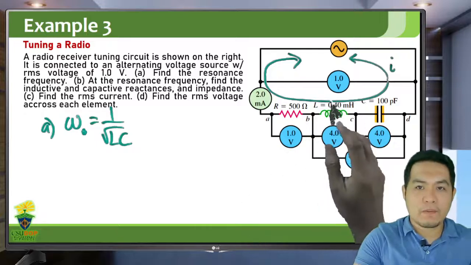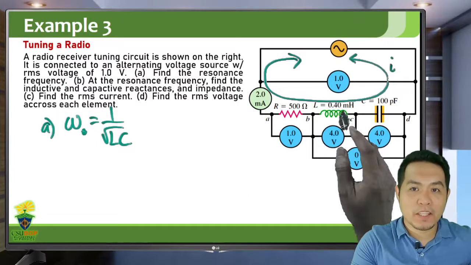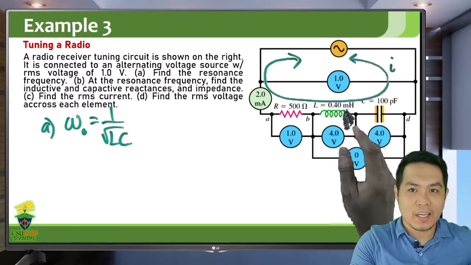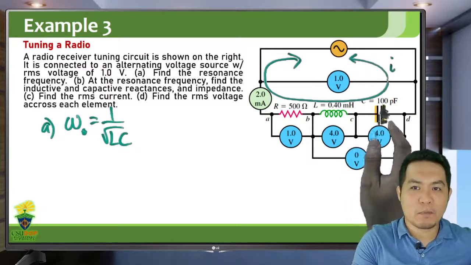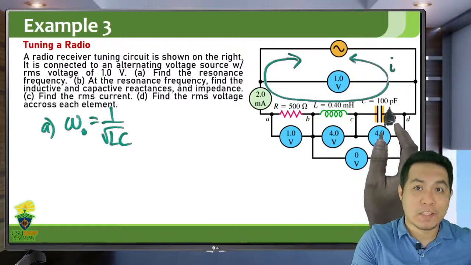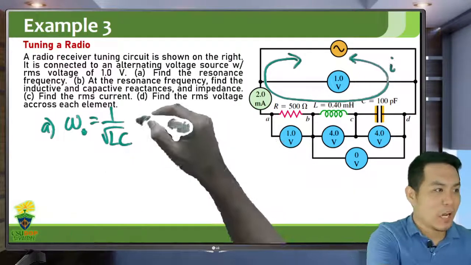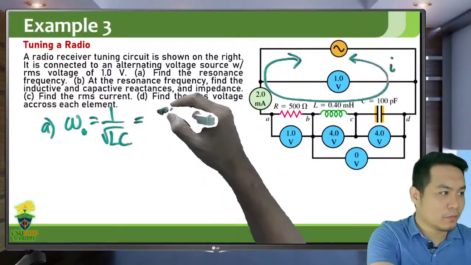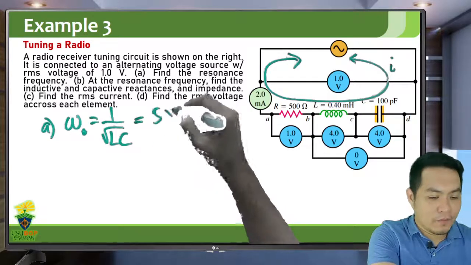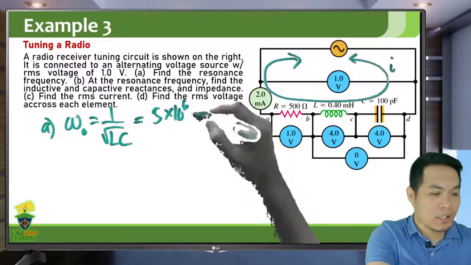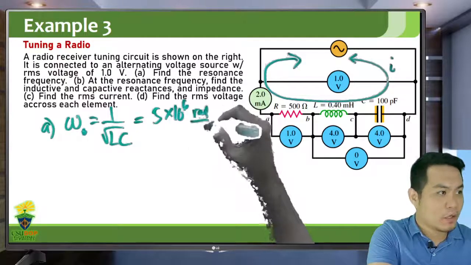L is given by 0.40 microhenry, that's 0.40 times 10 to the negative 6 henry. And the capacitance is 100 picofarad. Pico is times 10 to the negative 12. So you substitute those values here, and you will obtain a value of 5 times 10 to the 6 radians per second.